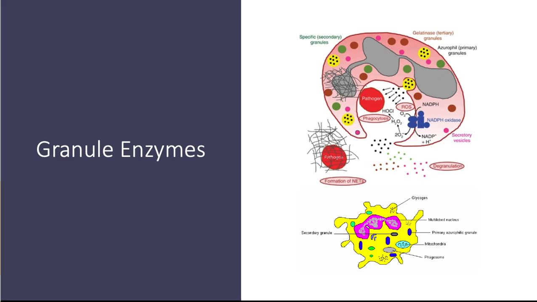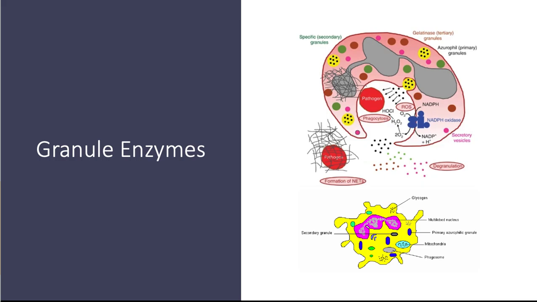Neutrophils and monocytes contain granules packed with enzymes and antimicrobial proteins that degrade microbes and dead tissues and may contribute to tissue damage. These granules are actively secretory and thus distinct from classical lysosomes. Neutrophils have two main types of granules.